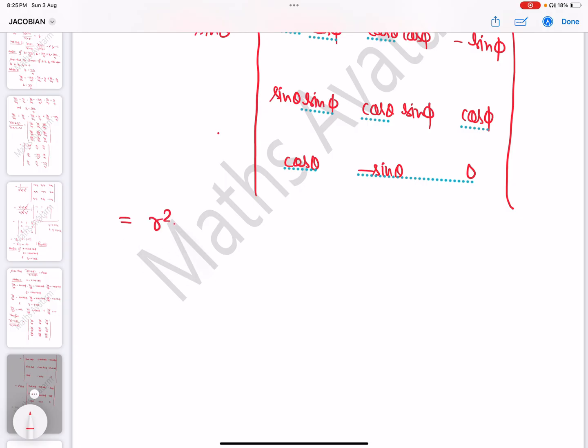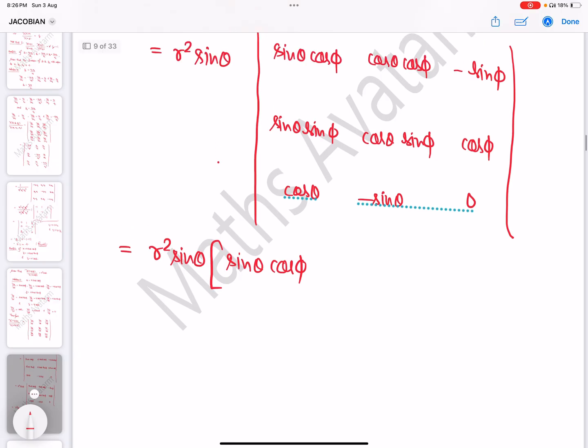So r square sine theta is outside. So expand with respect to the third row. Okay. So first row we can expand: sine theta cos phi times sine theta cos phi, and we will get 0 here, 0 plus sine theta cos phi. Okay.